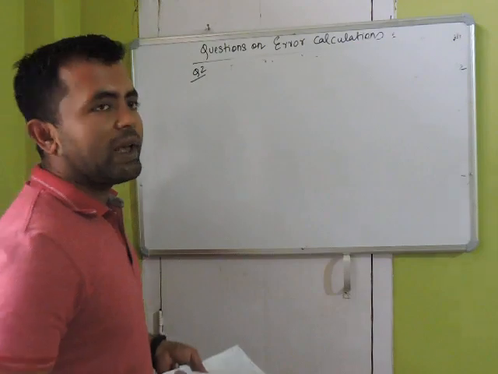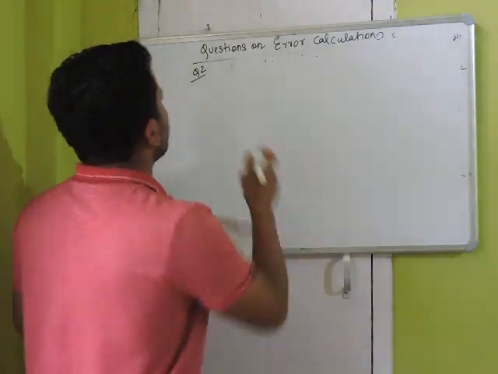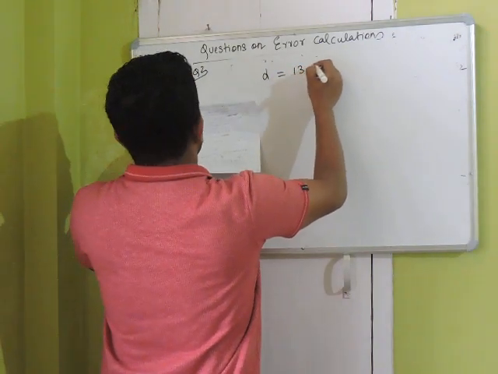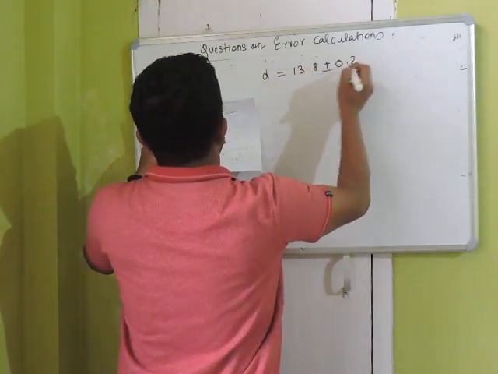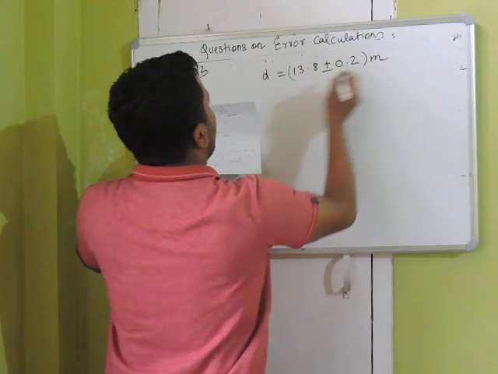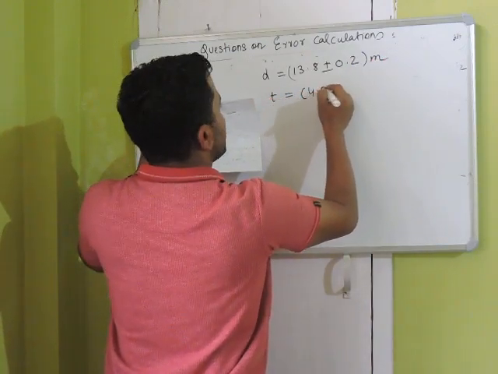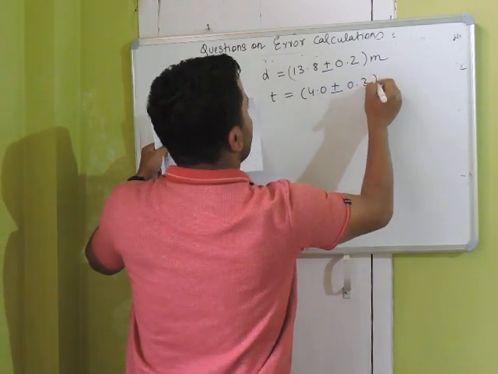Now the third question is, suppose we have to calculate speed. So question 3, distance is given to be 13.8 plus minus 0.2 meter and time is given to be 4.0 plus minus 0.3 second.